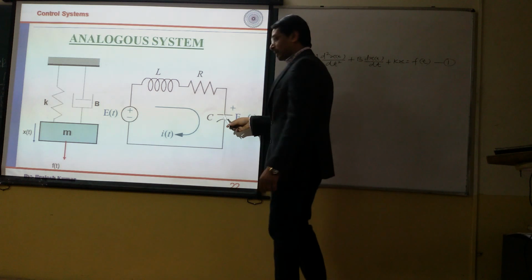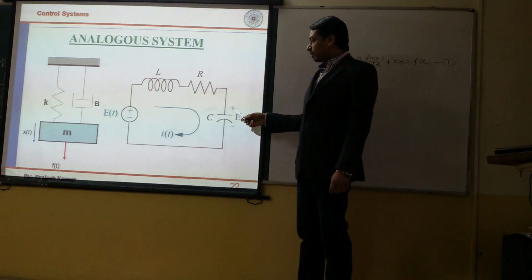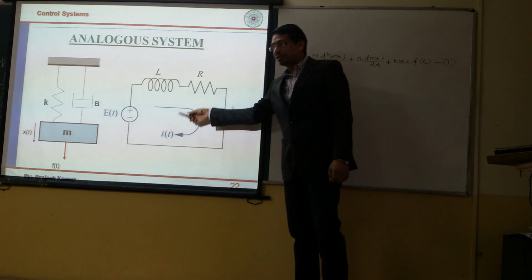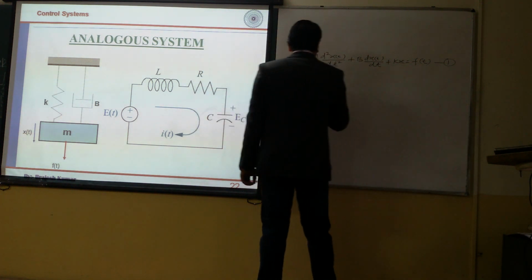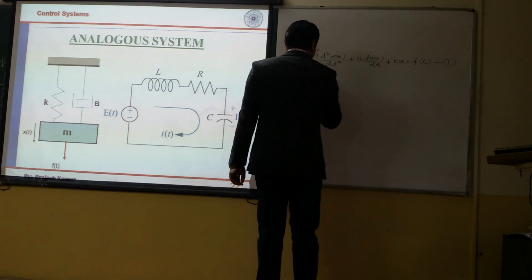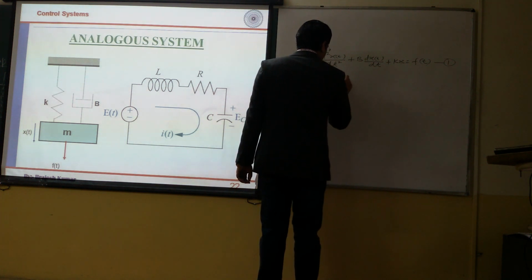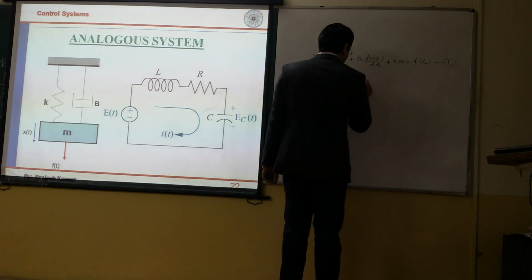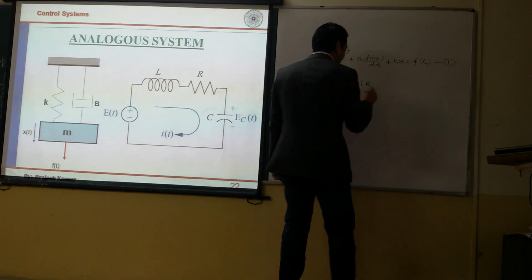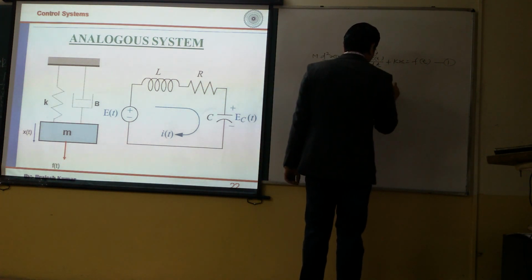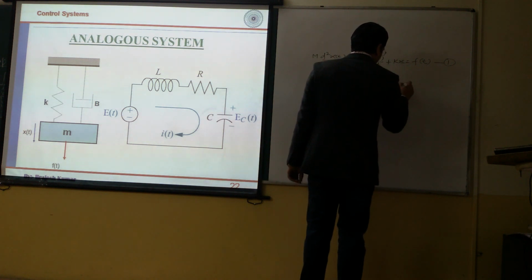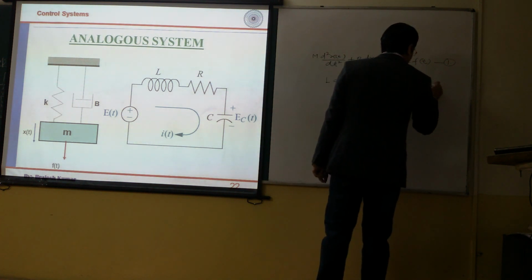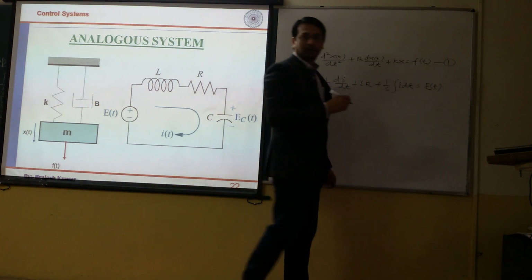And for this electrical system, if you go reverse along this direction, what will you get? You will get L di upon dt plus I multiplied by R plus 1 by C integral of I dt will be equal to your excitation voltage E(t). Correct?